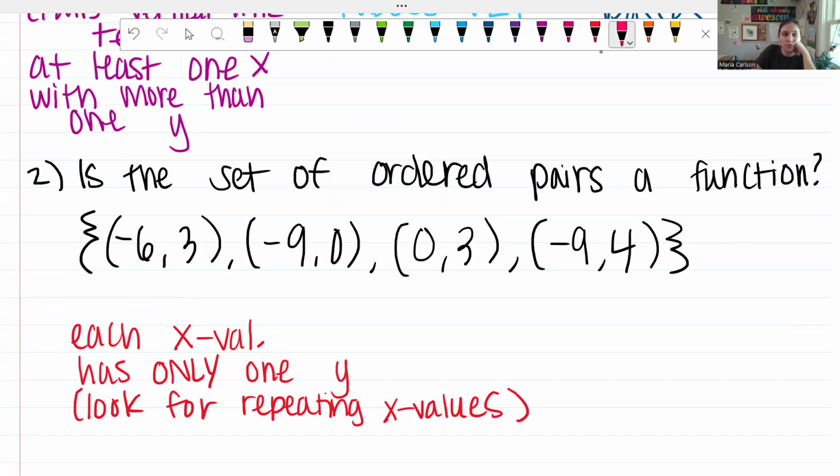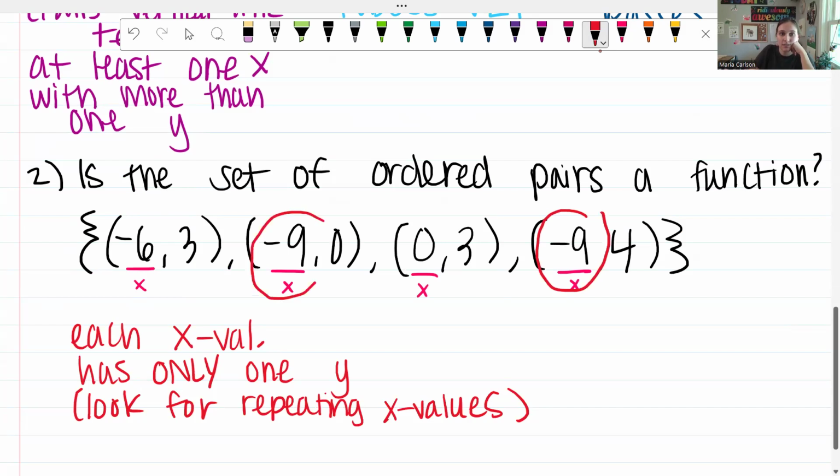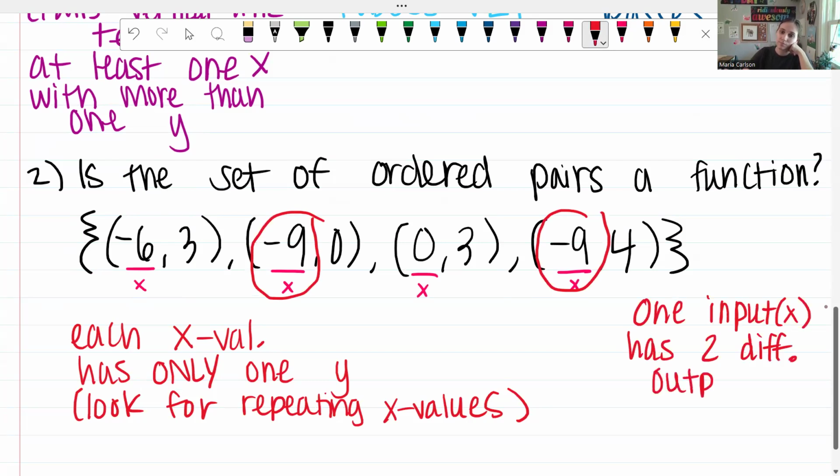Our first x value is -6, and then we have -9. So these are both inputs. 0 is an input, and then I have -9 again. So because I have two -9s, this is one x value or one input that has two different outputs. So this is not a function.